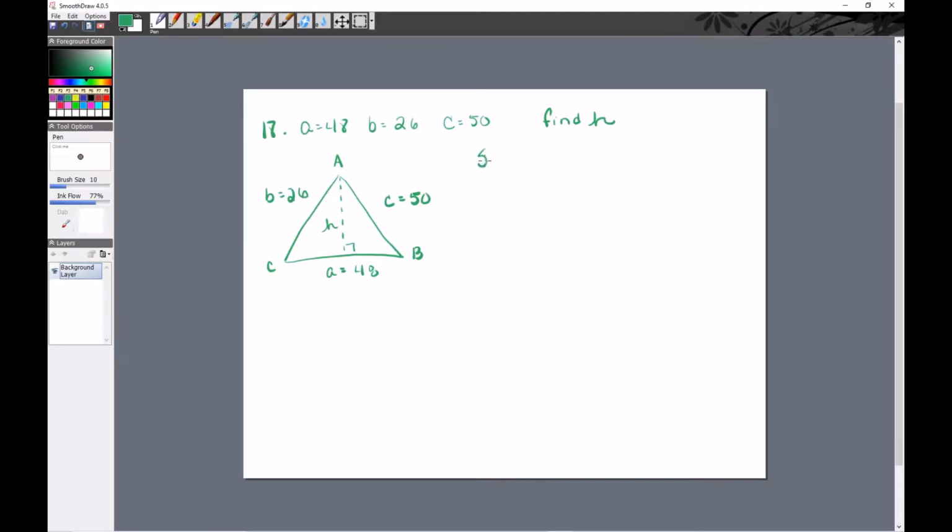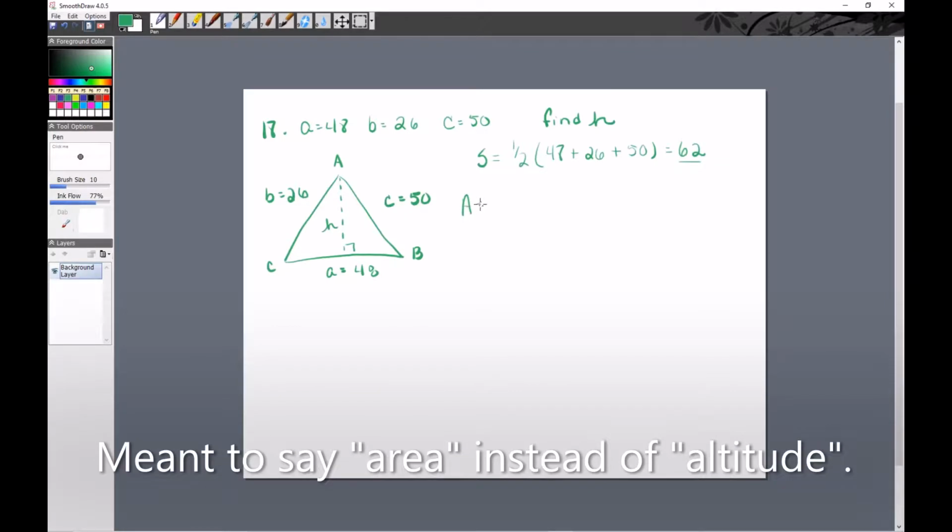So we got to start out getting that value for S, which is 1/2 of the sum of all three of these values, 48 plus 26 plus 50. And that should give you an S value of 62, all right? So this is going to be used in the bigger formula for area. It was in the previous problem, so I'm not going to write out the formula.